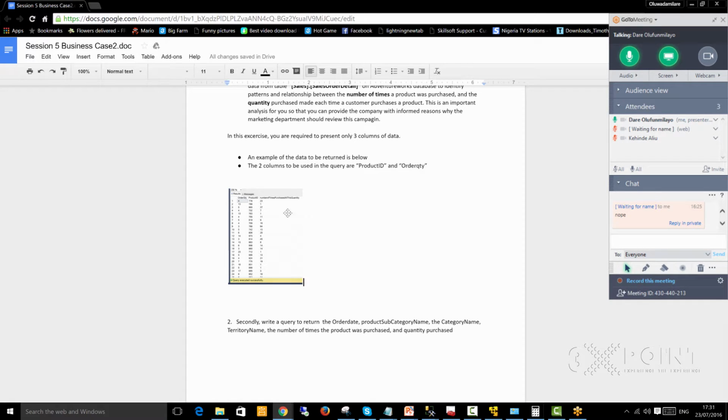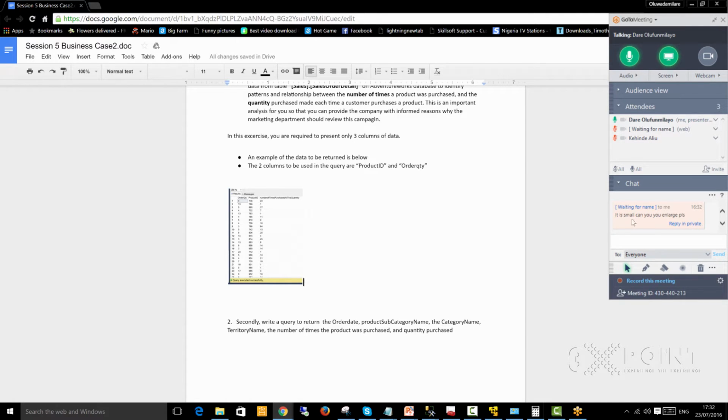Once you successfully get the data out like this, we can get on to the next stage, which by next session we would start showing you how to get this data onto the dashboard and do some deeper analysis. At this stage we're concerned about 2 columns, which are the product ID and the order quantity. Let's get started and see how far we can go with this.